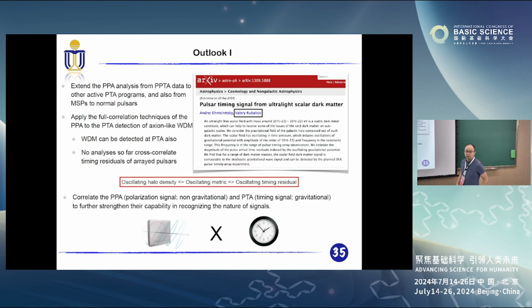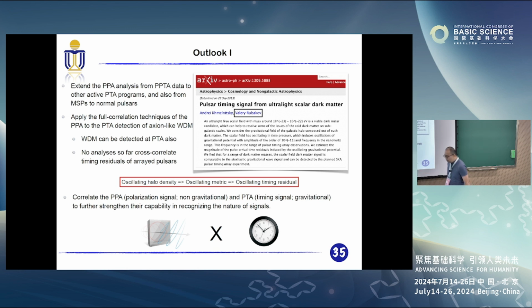From these discussions, we can immediately recognize some interesting directions for future explorations. Firstly, we can extend the PPA analysis from the PPTA data to other active PTA programs, and also from the millisecond pulsars to normal pulsars.